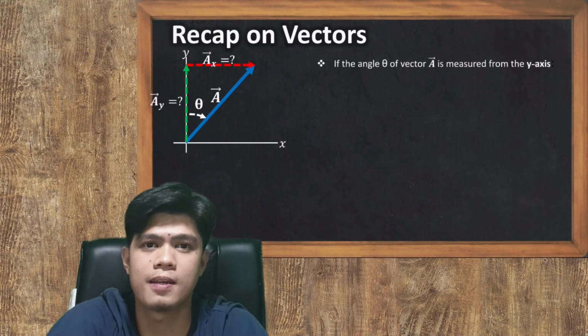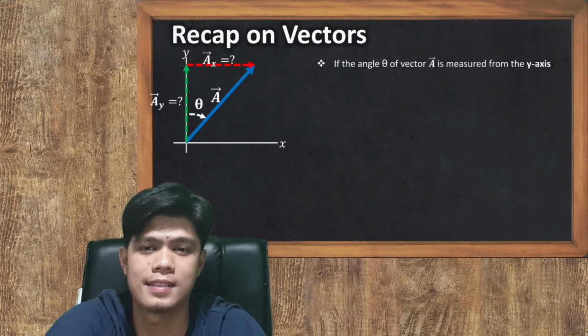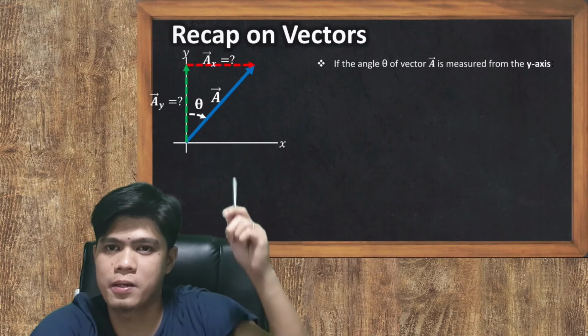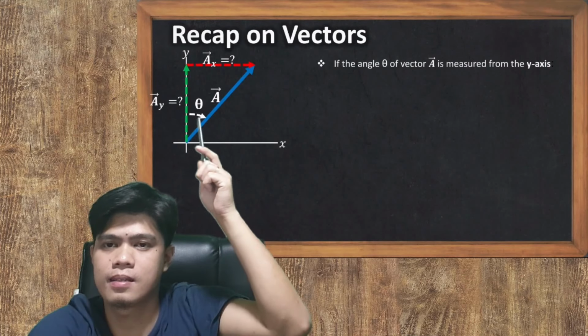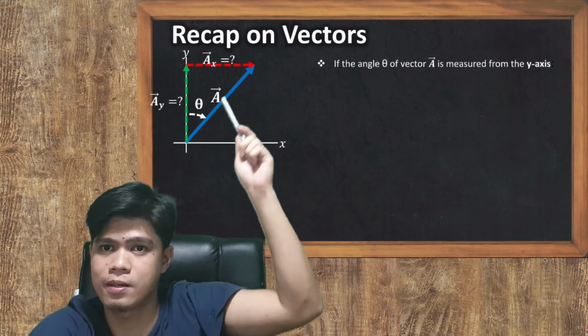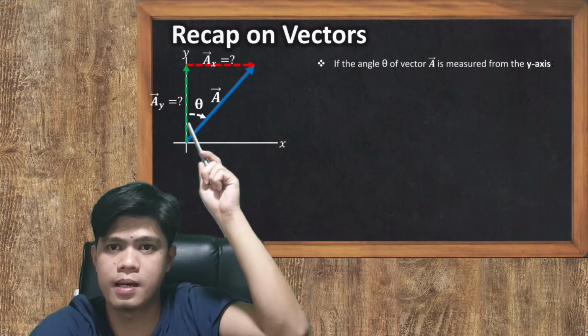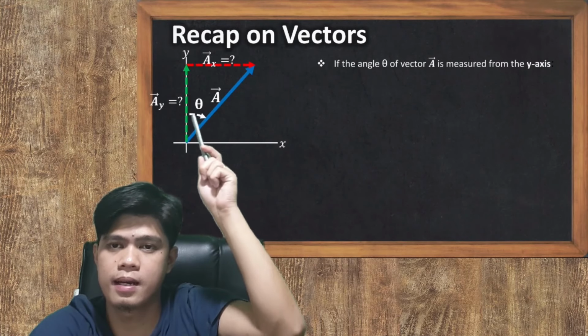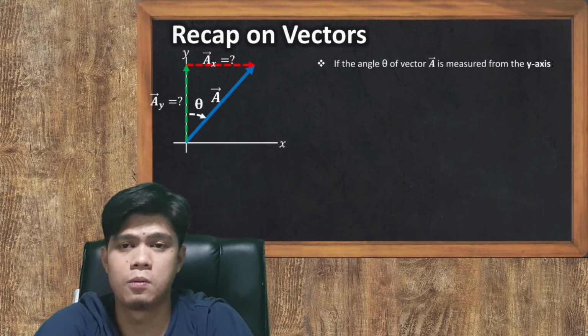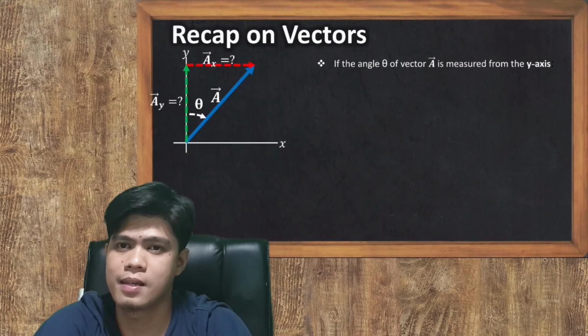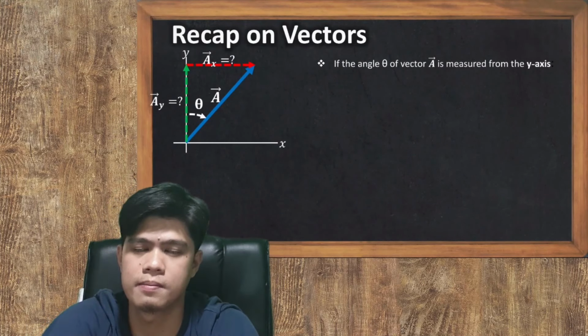Now, if the angle theta is measured from the y-axis, we are talking about this angle theta. Again, same vector A, but our angle is from the y-axis. So now, what is the value of our AX and AY?